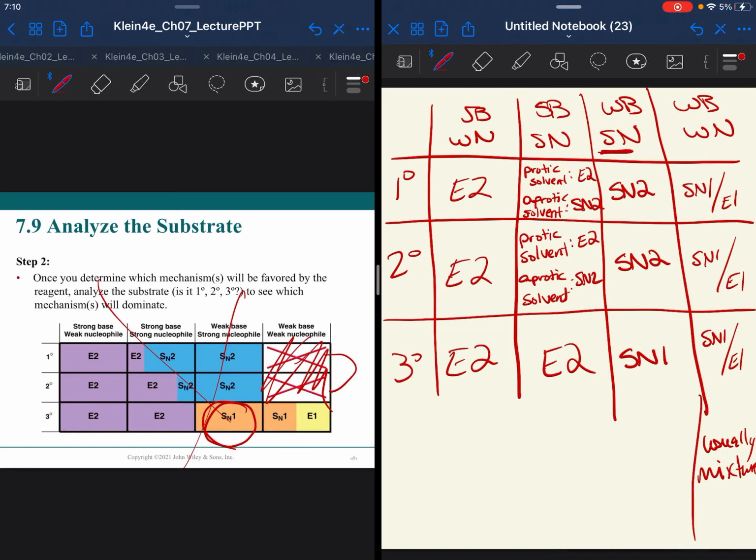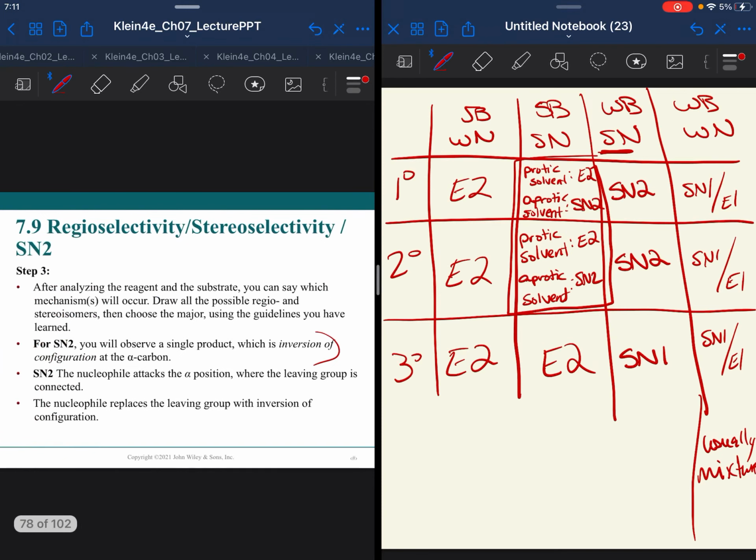So any problem that I give you, if it falls into one of these two boxes here, I will also give you solvent. You will for sure have solvent to help you decide. So you can see there's some changes. This is the chart that I really want you to pay attention to.